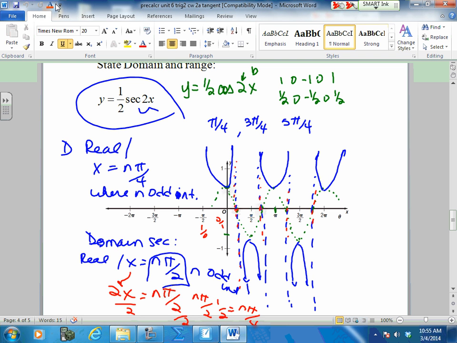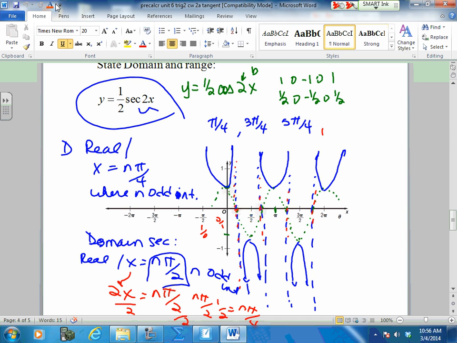So if it's like 0, it's an odd integer. Well, in this case, look for your pattern. This is at half of 90, which is 45. So if I set these up by 45, this is 1 pi over 4, 2 pi over 4, 3 pi over 4, 4 pi over 4, 5 pi over 4, 6 pi over 4, 7 pi over 4.